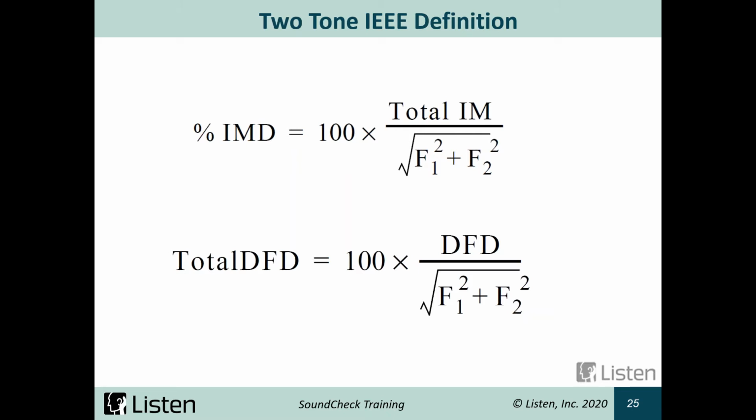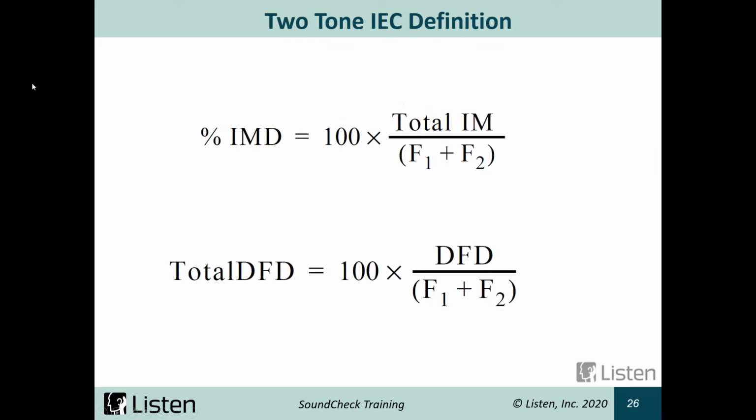And for difference frequency, F1 is the upper fundamental and F2 is the lower fundamental. For the IEC definition, the numerator is the same, but the denominator is just F1 plus F2.